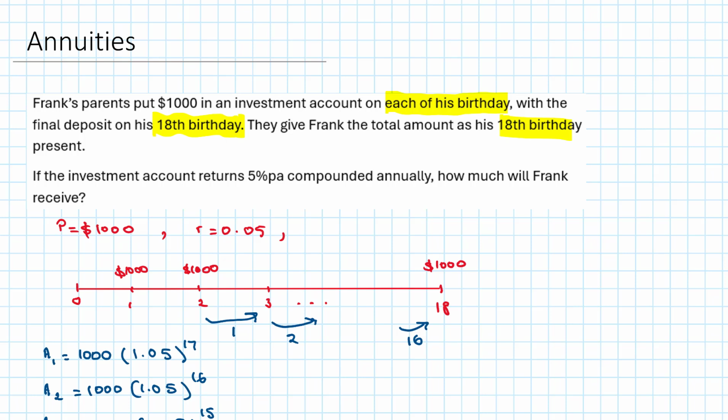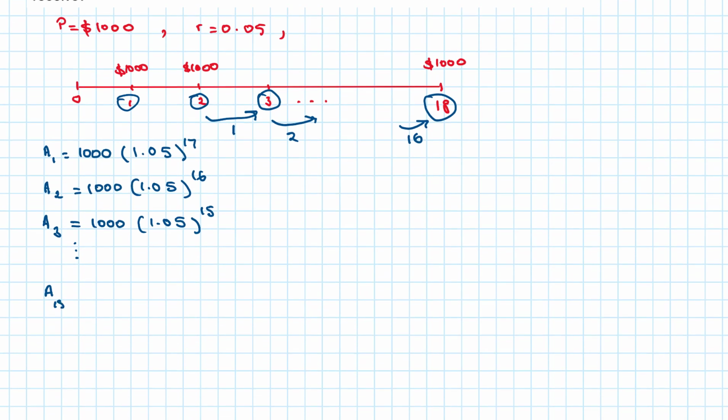So that last $1,000, if my first one was on the first birthday, amount 1, amount 2, amount 3, the last one would be amount 18. And it sits in the bank account for 0 years.